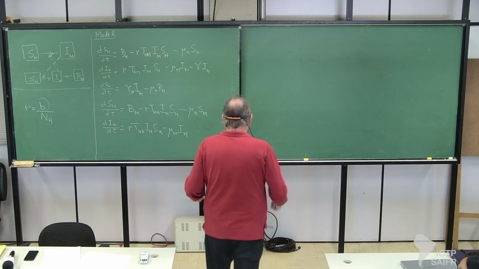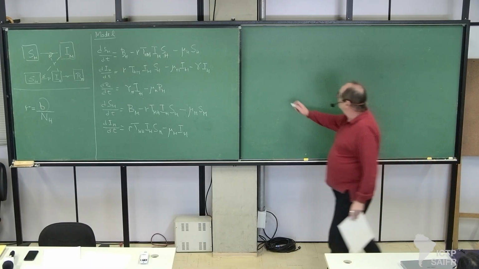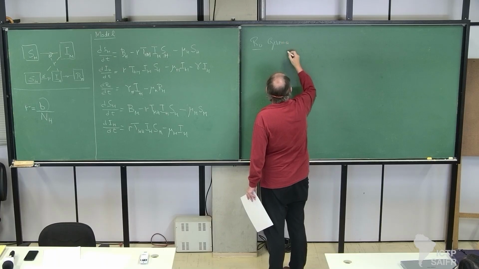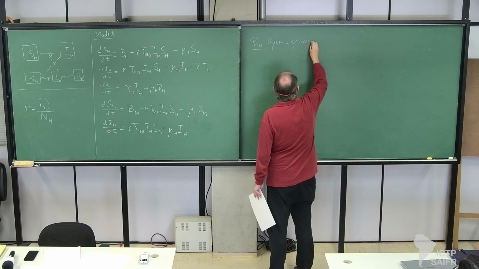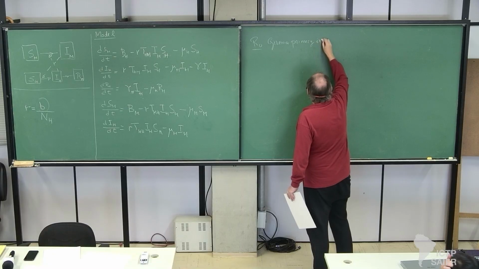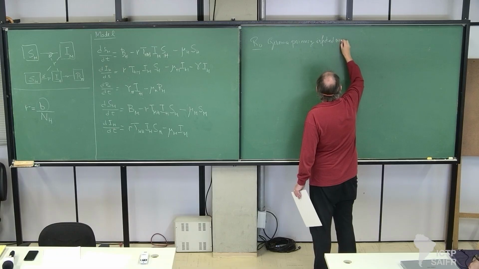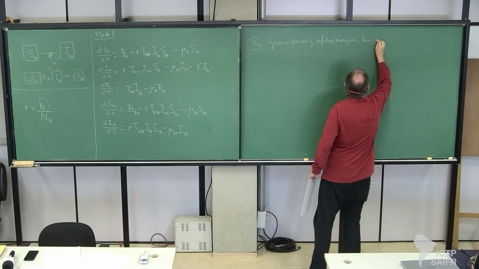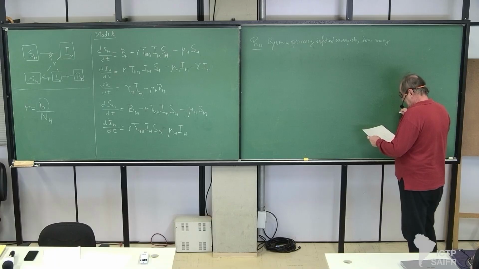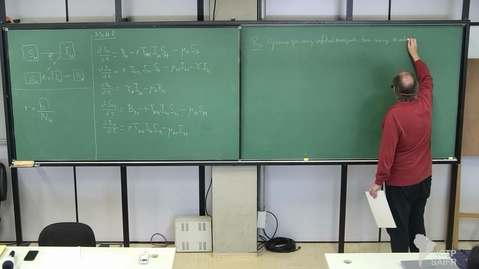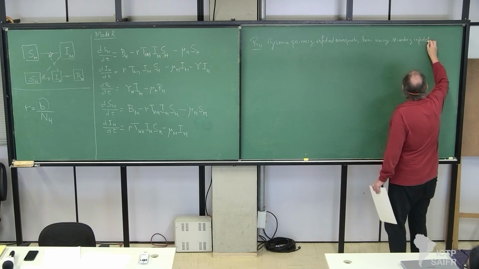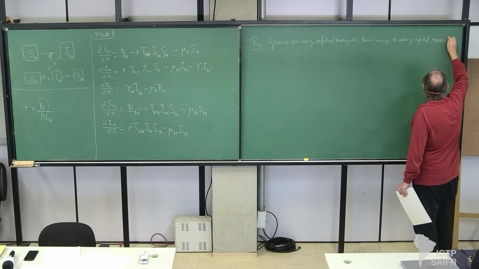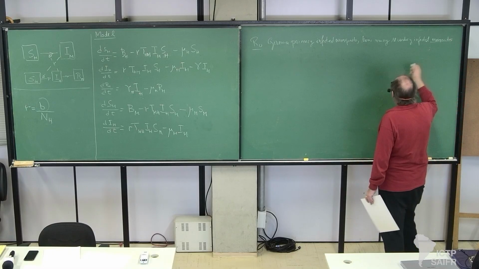So therefore, we now want to calculate R0 as: given a primary infected mosquito, how many secondary infected mosquitoes will arise.